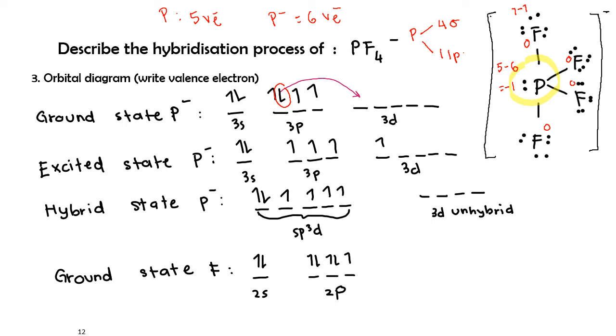And then for the hybrid state, you will hybridize all the orbitals, and you will get 5 hybrid orbitals, 1, 2, 3, 4, 5, and all of them are sp3d hybrid, and the empty one will be the 3d unhybrid orbital. And the ground state for fluorine will be 2s2, 2p5.